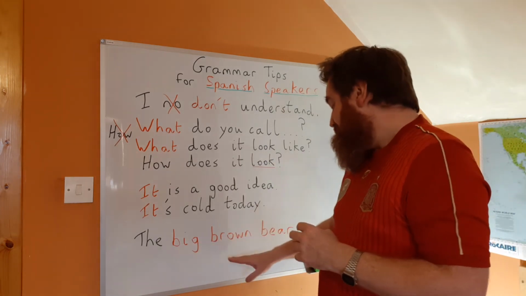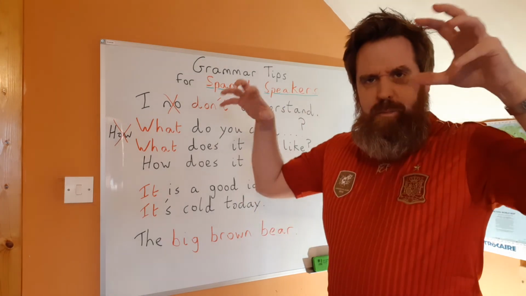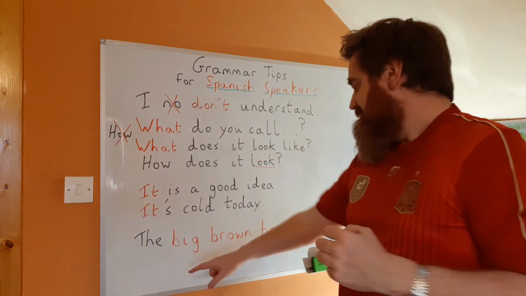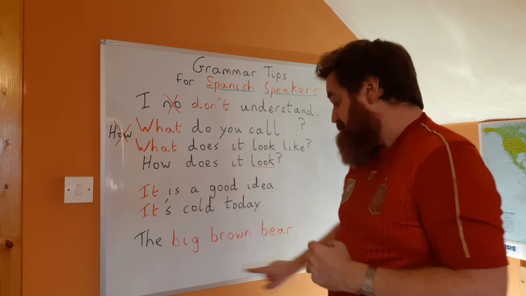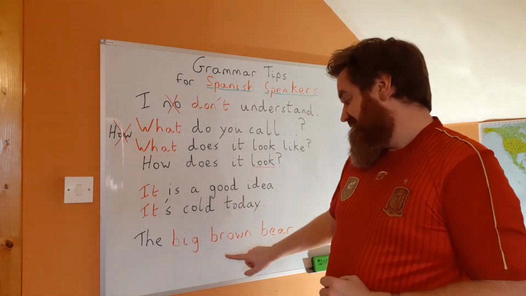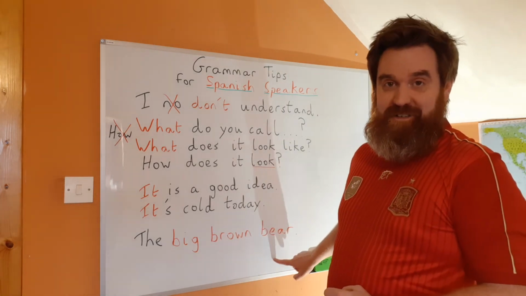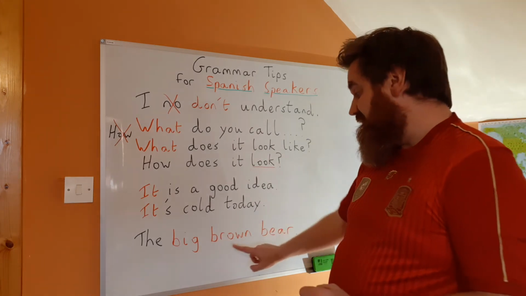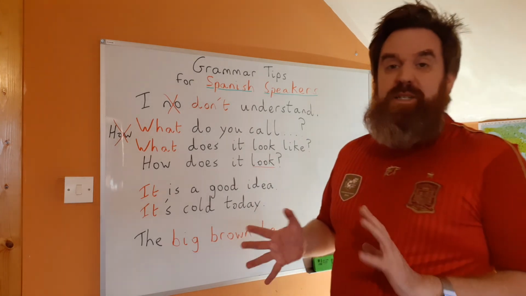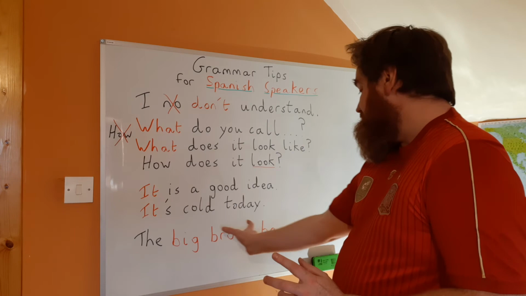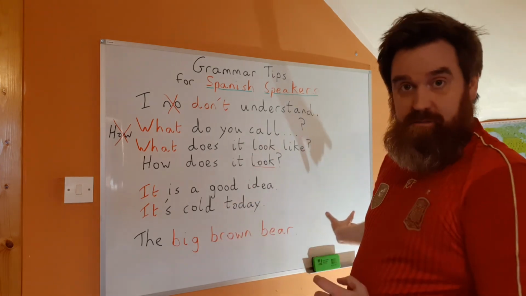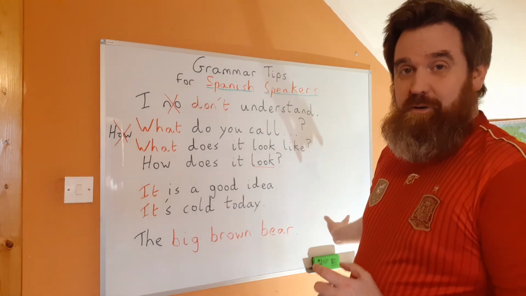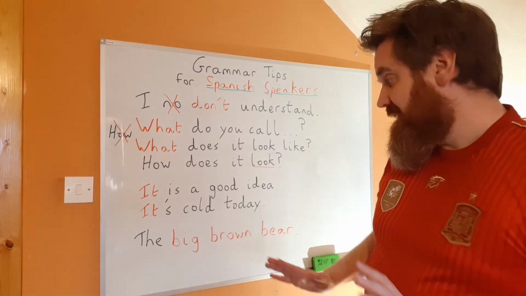The big brown bear, you know the animal bear? The big brown bear. Size, color, noun. Size, color, noun. Some Spanish speakers, they put the adjectives after the noun, but you can't do that, okay?